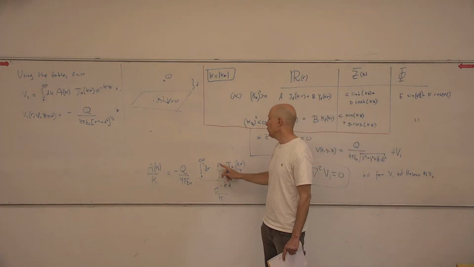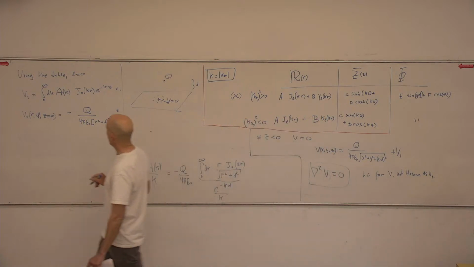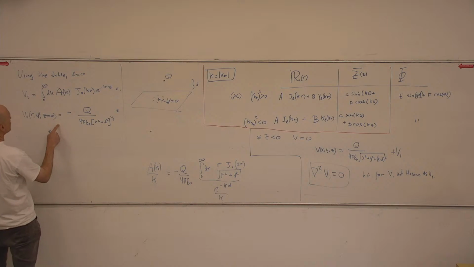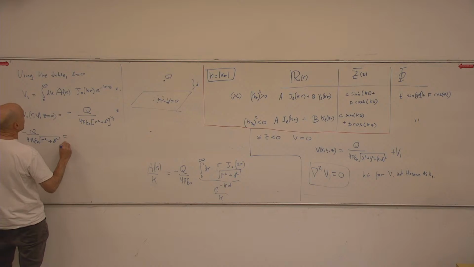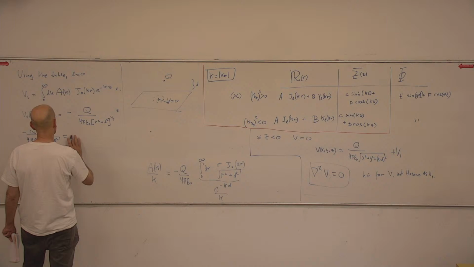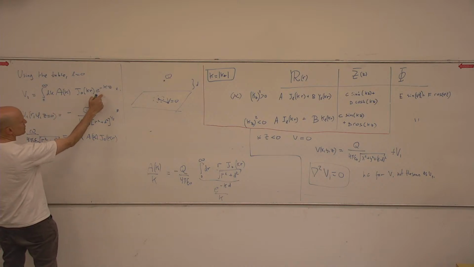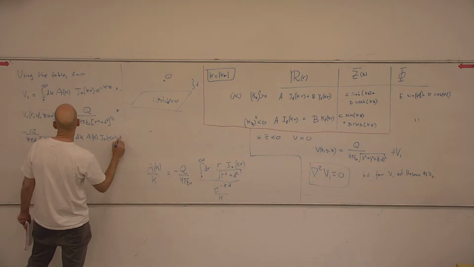No, this has nothing to do with X and Y. This is related to the, okay, I have this relation, so let us write it. You have minus Q, 4 pi epsilon 0, R squared plus D squared to the power of one half, right? This is equal to this integral dk ak j0k of R, and it's on z equals 0, so this is 1. dk, right?